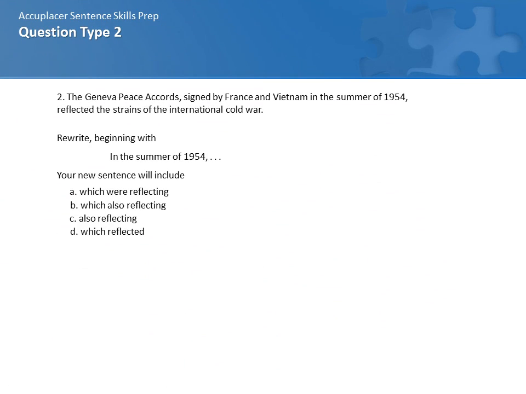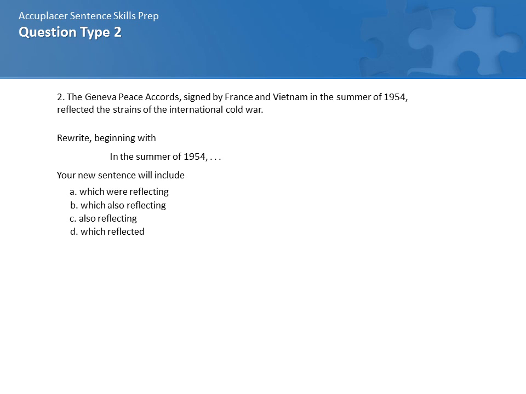Okay, here's number 2. The Geneva Peace Accords, signed by France and Vietnam in the summer of 1954, reflected the strains of the international Cold War. And we're instructed to rewrite this sentence beginning with the passage, "In the summer of 1954."